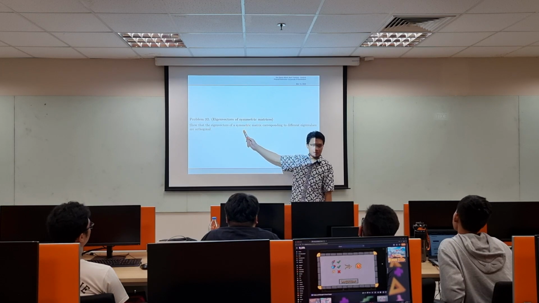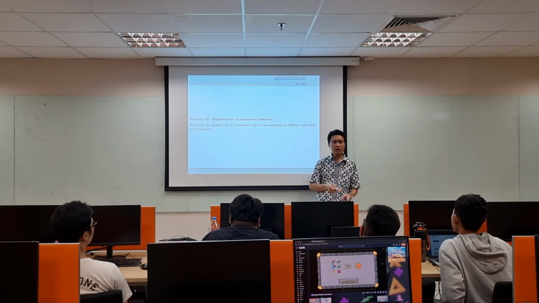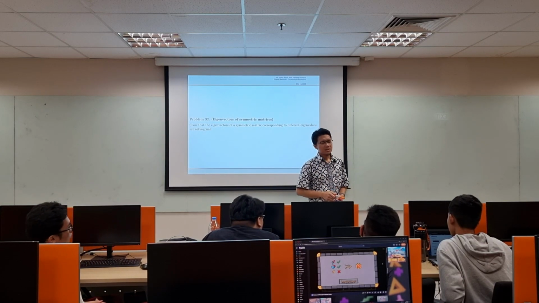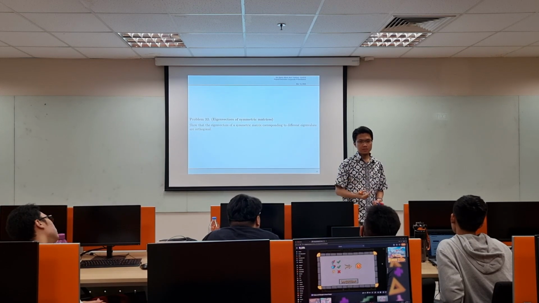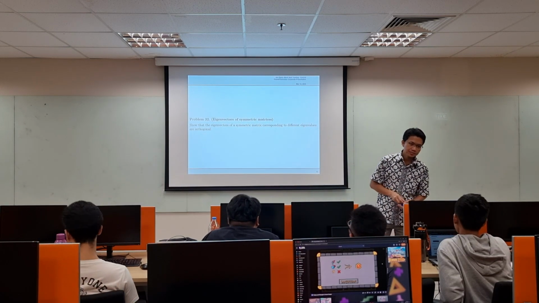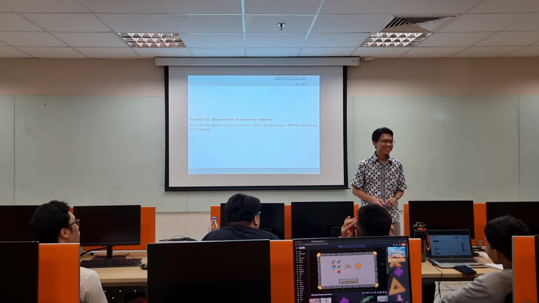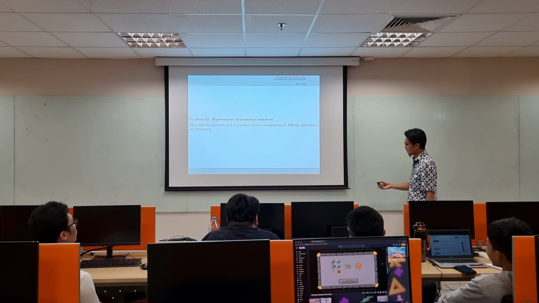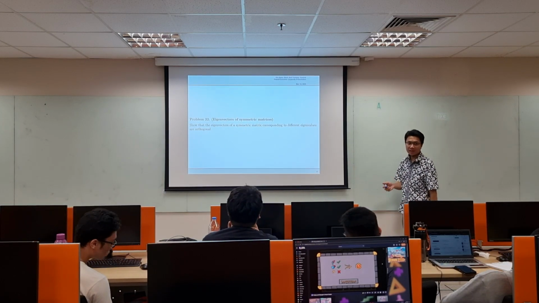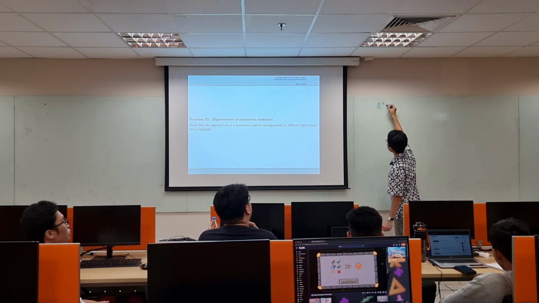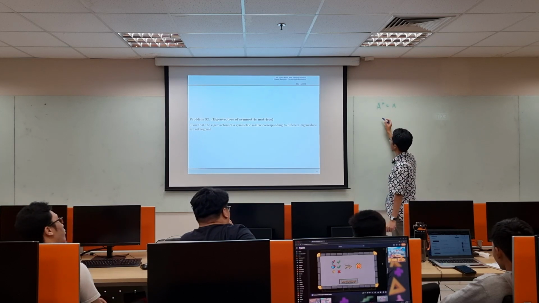The keywords are symmetric and orthogonal. So you have to use the symmetric matrix property, which is that the transpose is itself. Let's say a matrix A is symmetric, so its transpose is equal to itself.